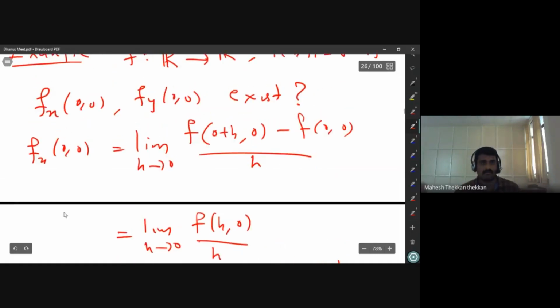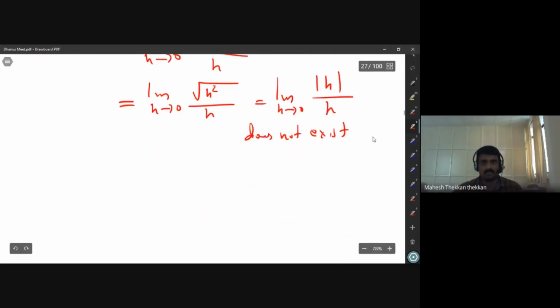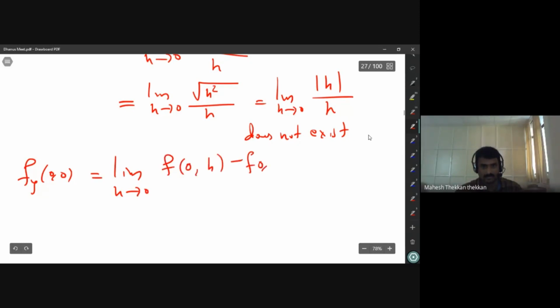So what you have seen is that fx at 0, 0 does not exist. Similarly, you can compute this value fy at 0, 0. That is also equal to limit h tending to 0 of f of 0 comma h minus f of 0, 0 by h.